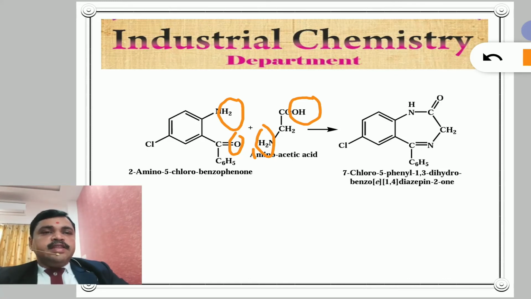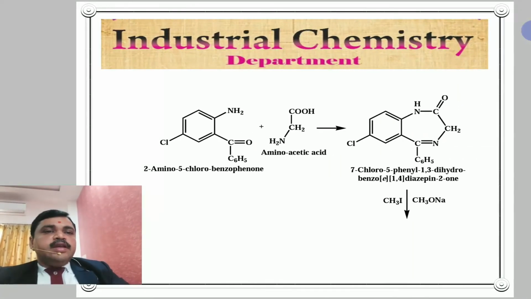This is the synthetic route. 2-amino 5-chlorobenzophenone and amino acetic acid on condensation, with removal of 2 moles of water, give a derivative of diazepine.